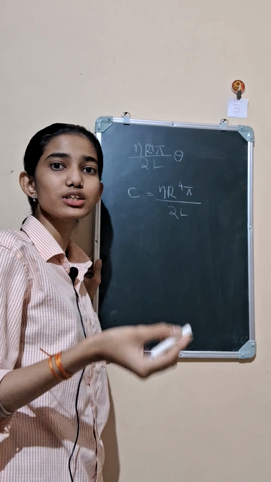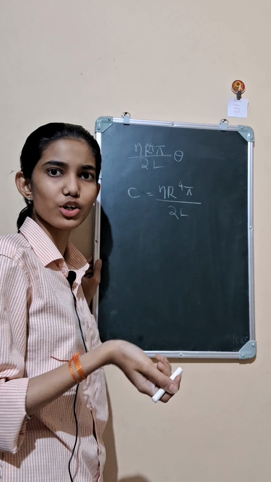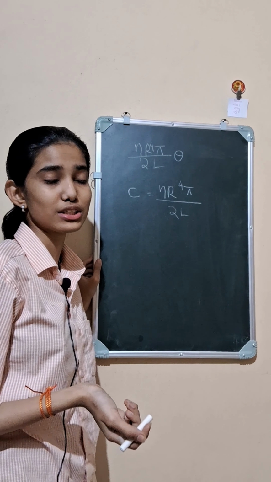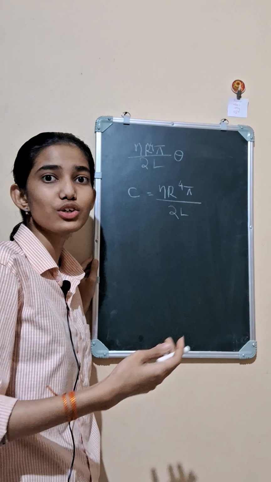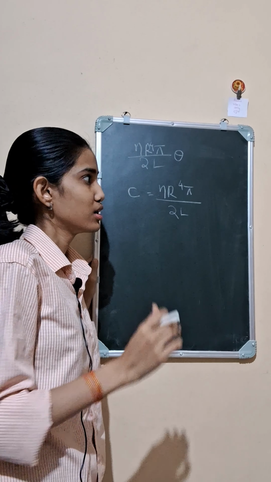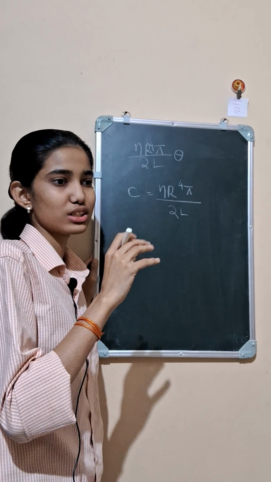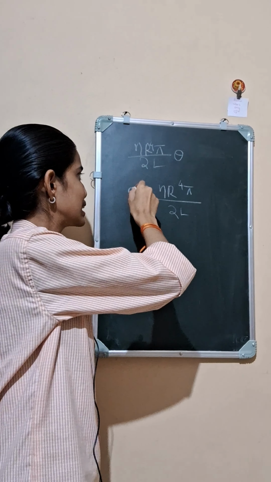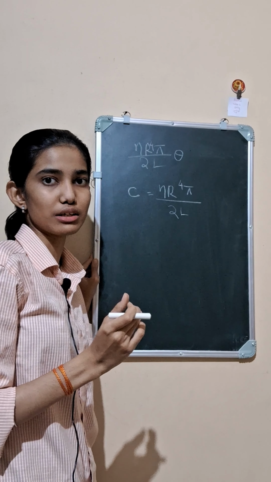It is also called torsional rigidity, and you will also use this concept in a galvanometer, it is a highly used concept. Here it tells you how rigid the substance is. If I am taking this string or this cylinder, if C is high, then it will not bend easily.